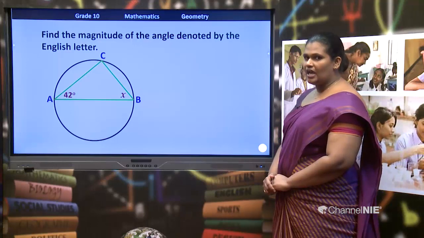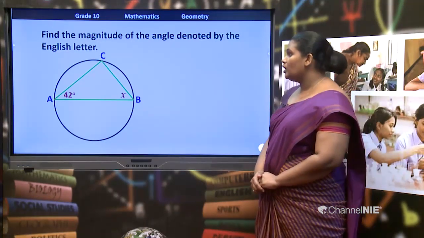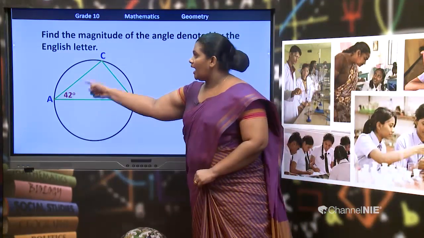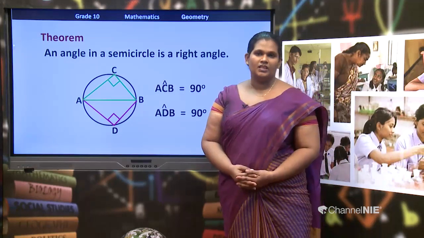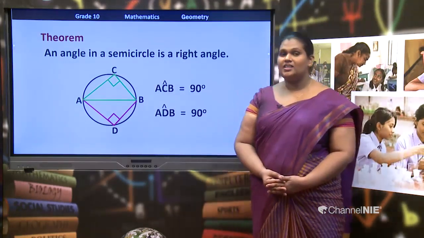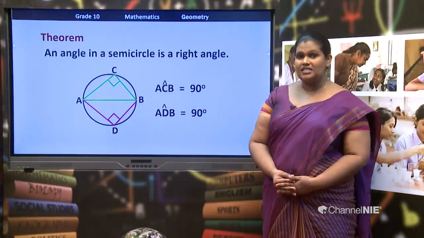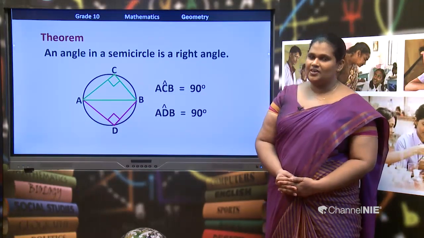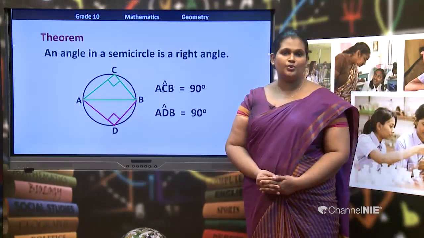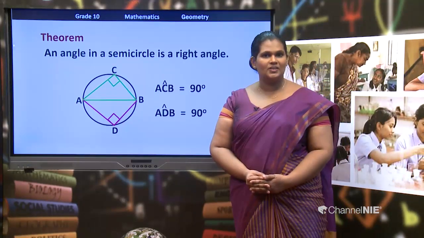According to the theorem we have learnt right now, we know that ACB is an angle subtended on a semicircle. Now, we know that the magnitude of the angles in a semicircle is equal to 90 degrees.